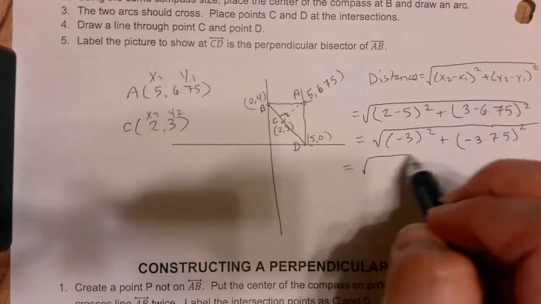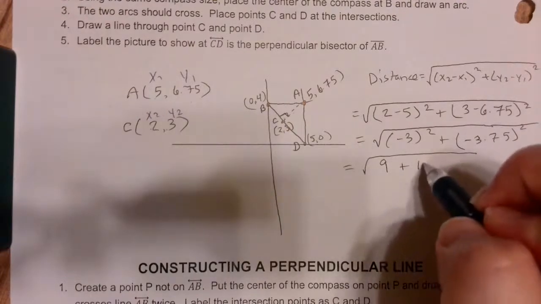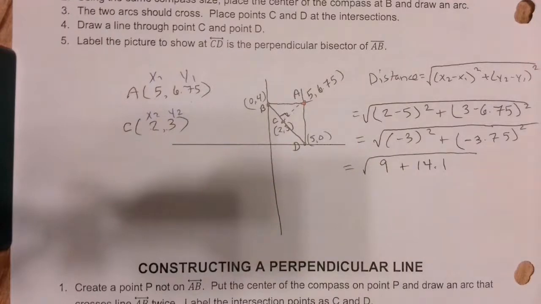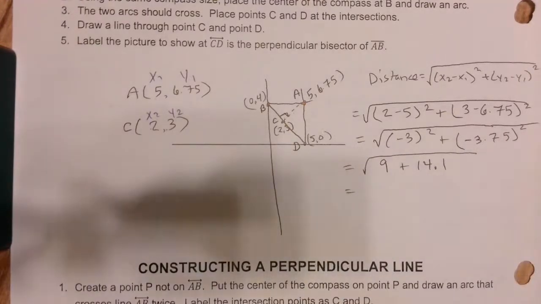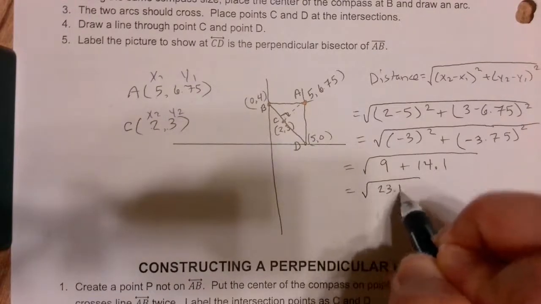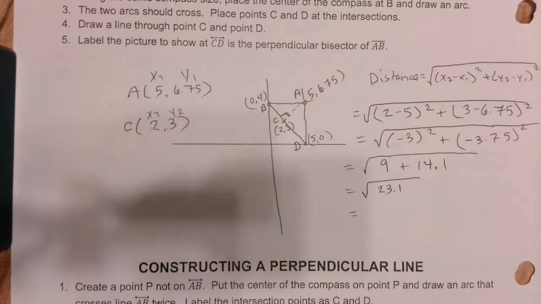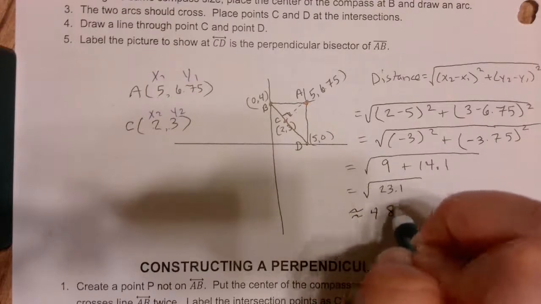Negative 3 times negative 3 is 9. And don't forget your big square root symbol the entire way down. Negative 3.75 times negative 3.75 is approximately 14.1. It's positive because a negative times a negative is a positive. 14.1 plus 9 is 23.1. So the square root of 23.1 is approximately 4.8.